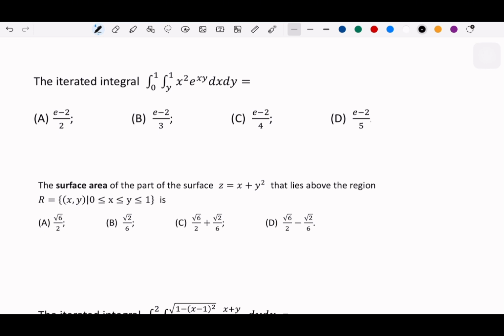So in this form, you have dx, dy, right? Can you integrate this directly with x? Maybe you can try.